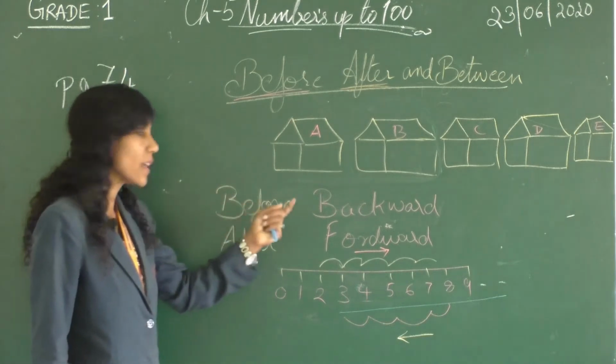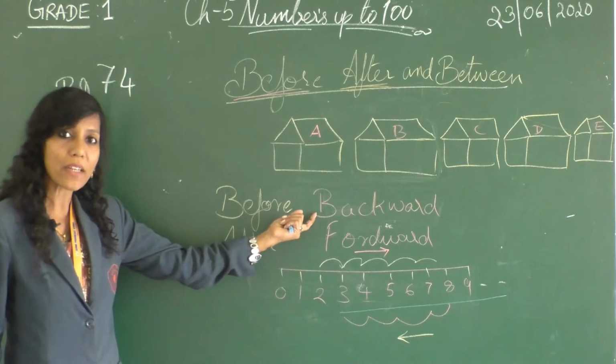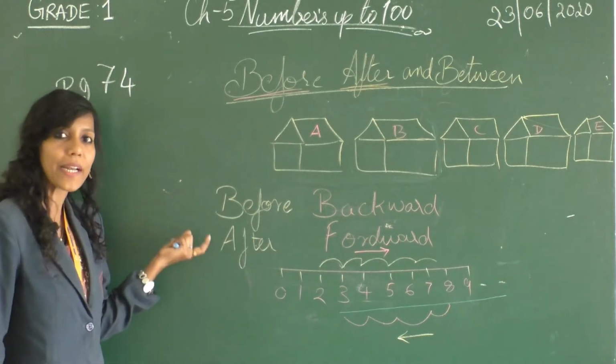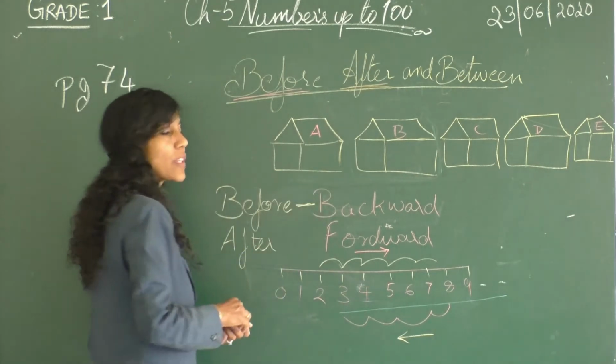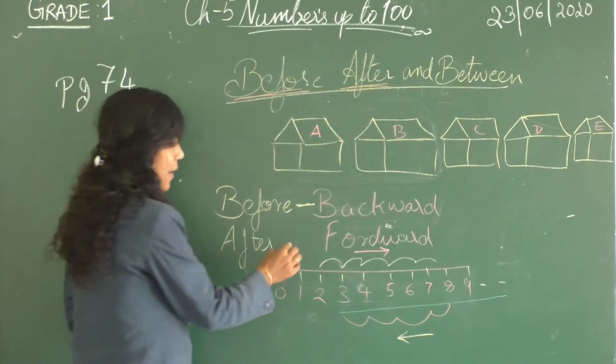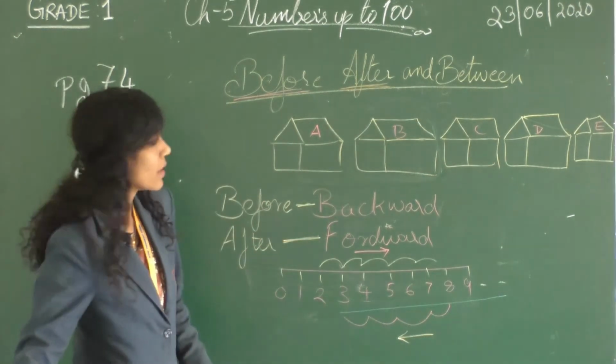So you understand how to link before counting and after counting, backward counting and forward counting, with before and after numbers. Before is with backward, after is with forward.